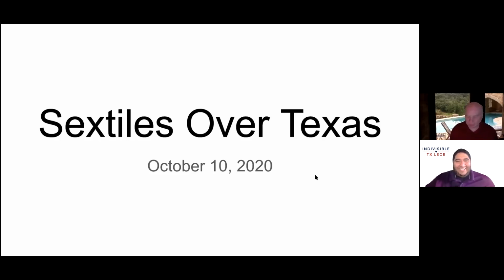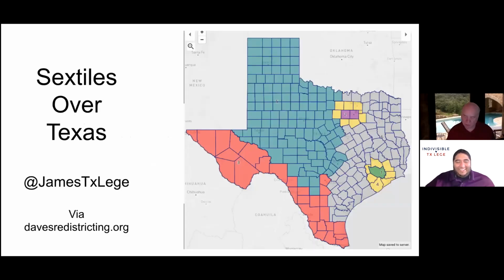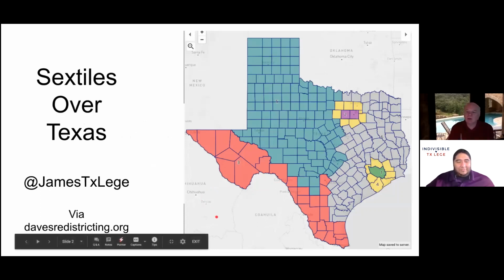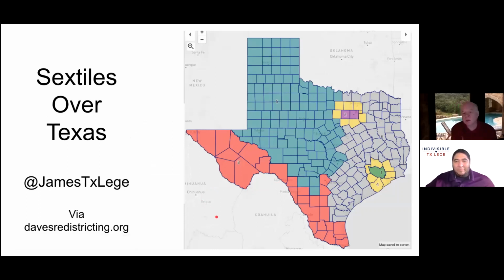Okay, so I have split Texas into six equally populated districts here. The fourth district, as you can see, is kind of split up into 2 parts. But each of these colors and districts actually represents a sixth of Texas. All of this I've done through Dave's Redistricting app, which is online.